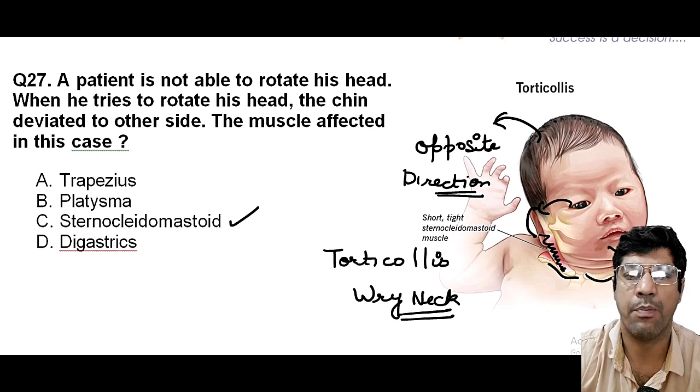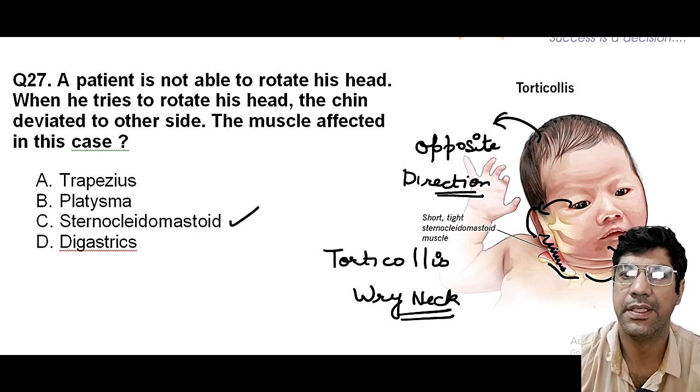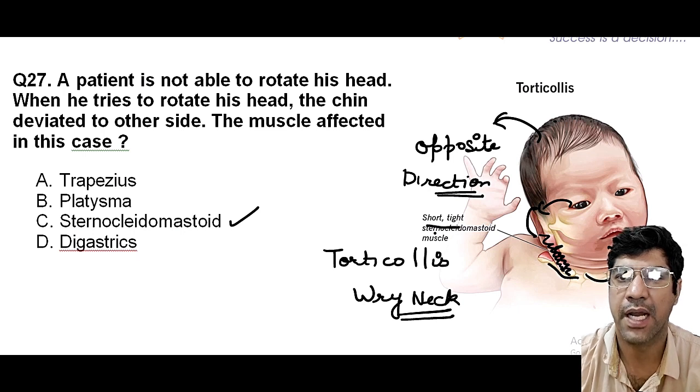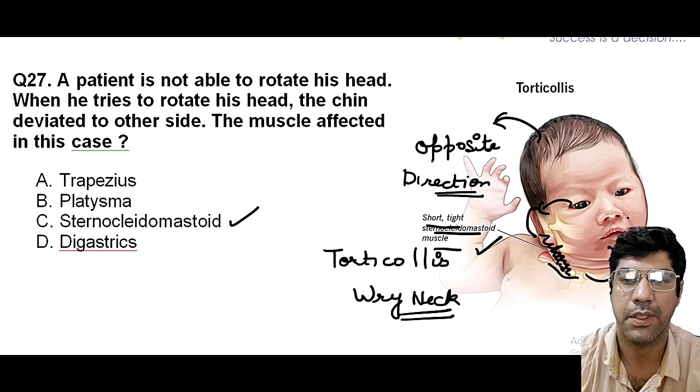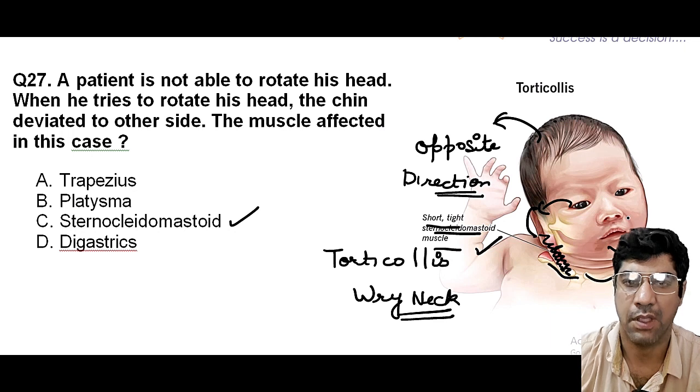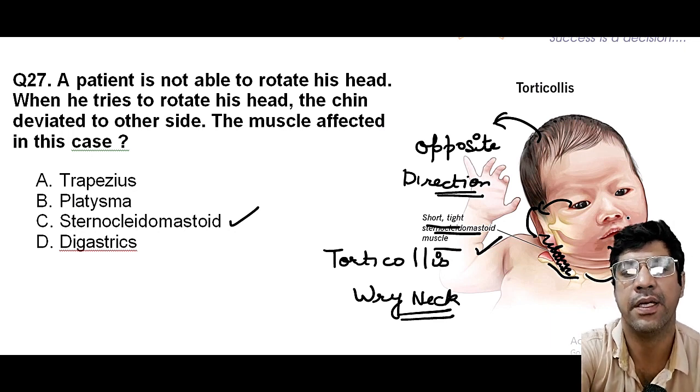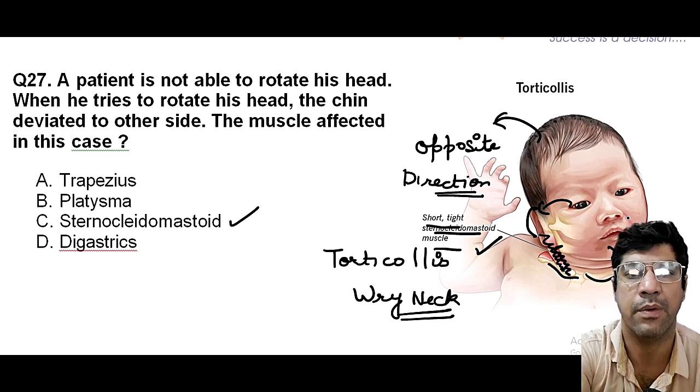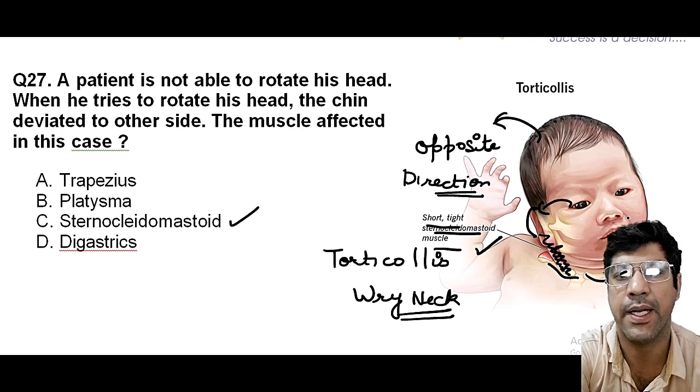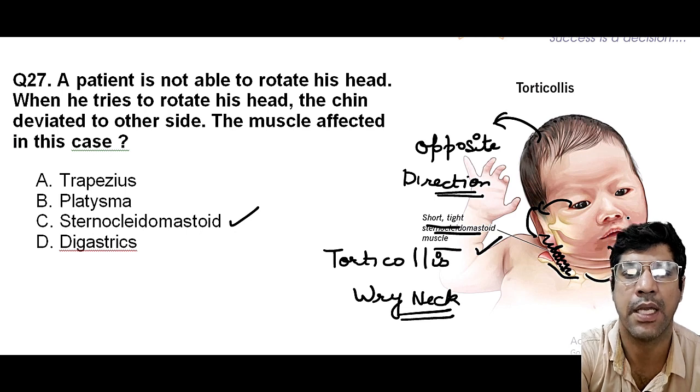But if this rope gets twisted or does not work right, it will try to turn your head with a knot in the rope. That is why your head won't turn smoothly and your chin might end up pointing in the wrong direction. That is what we call torticollis, or the wry neck.